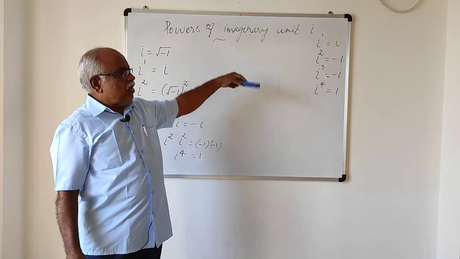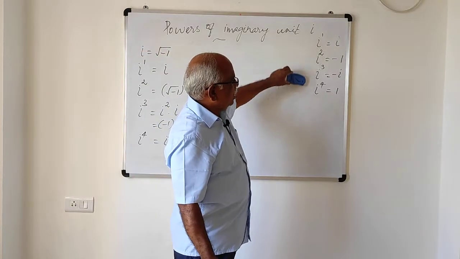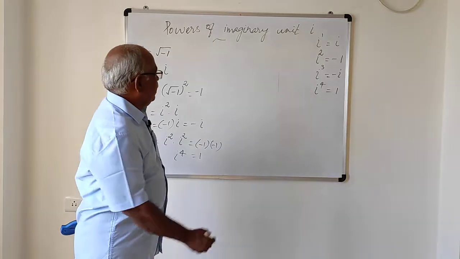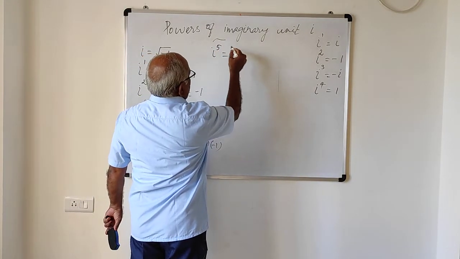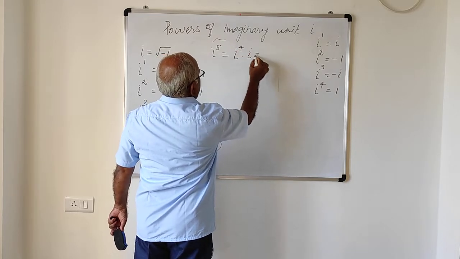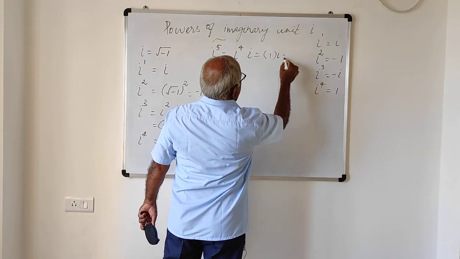The powers of i repeatedly give you these 4 values only, again and again. Because i power 5 is i power 4 into i, which is 1 into i, equal to i itself.